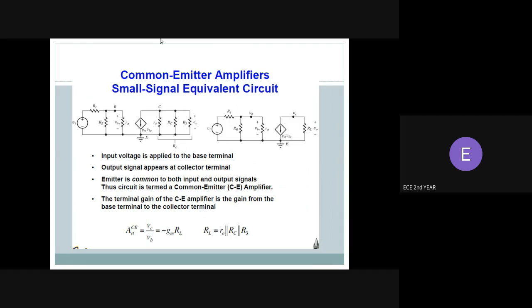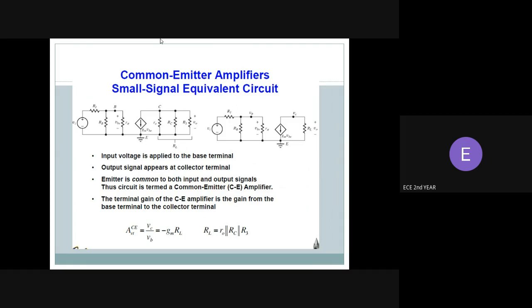Here you can see the resistances R1, RB, and VB, and the transistor current gain, and R2 in parallel with R3. All these we're going to see over here.